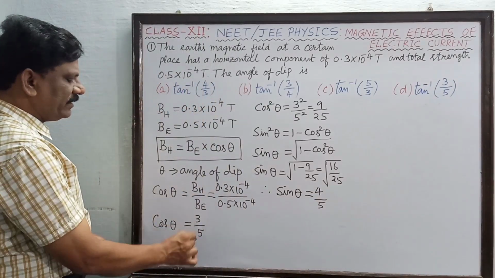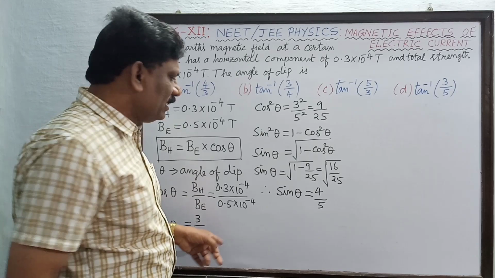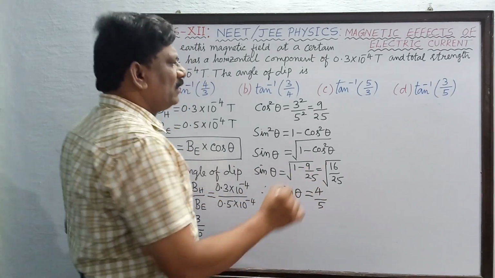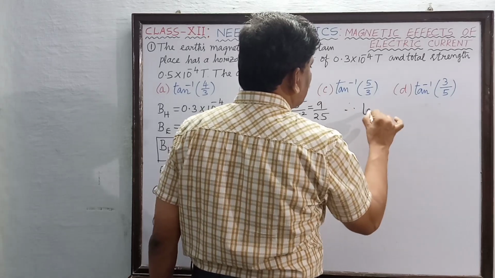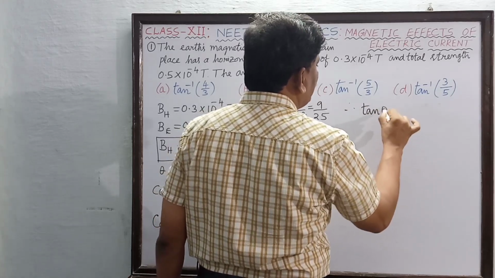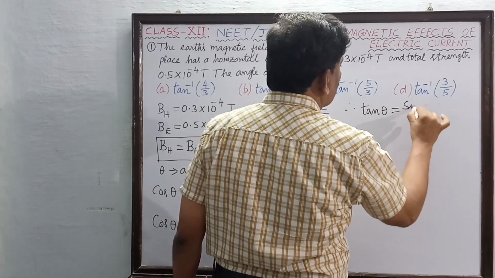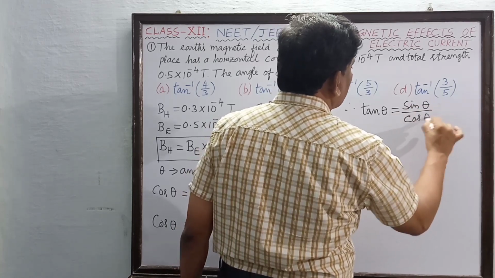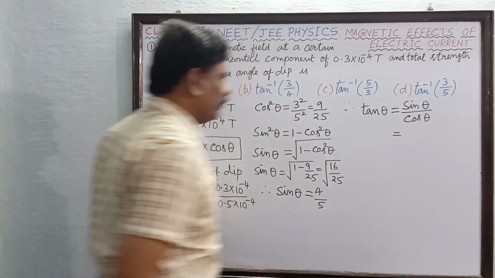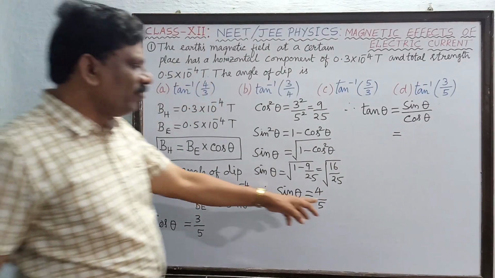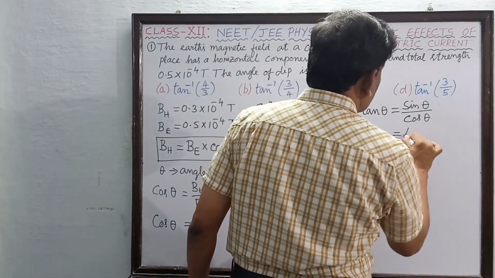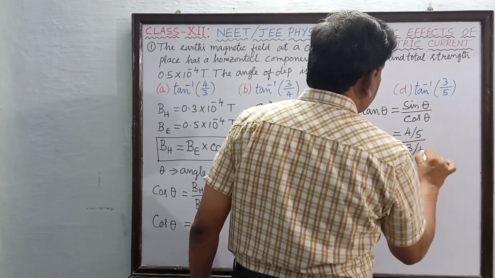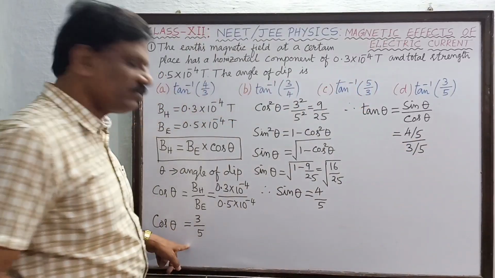Already cos θ is equal to 3 by 5 we are having, and here sin θ is equal to 4 by 5. So I want to find tan θ. What is the tangent value of θ? This is equal to sin θ divided by cos θ. Sin θ is 4 by 5, divided by cos θ which is 3 by 5.